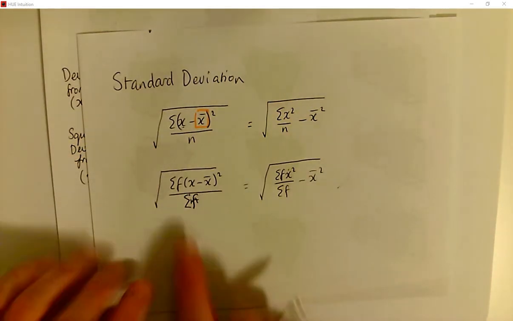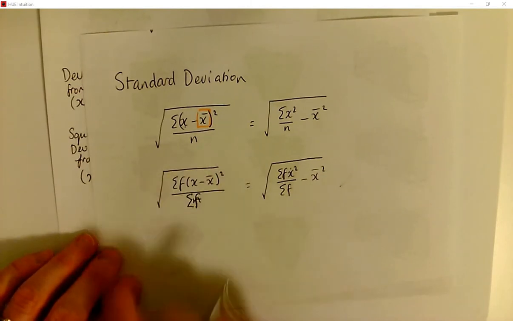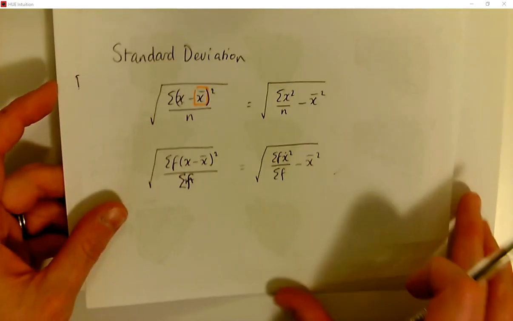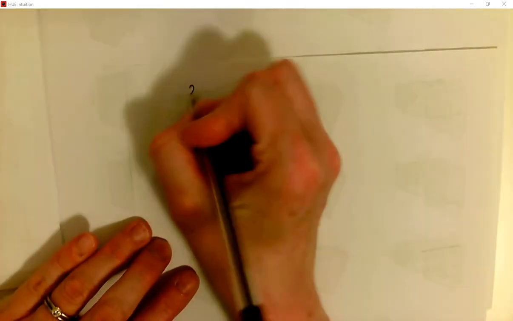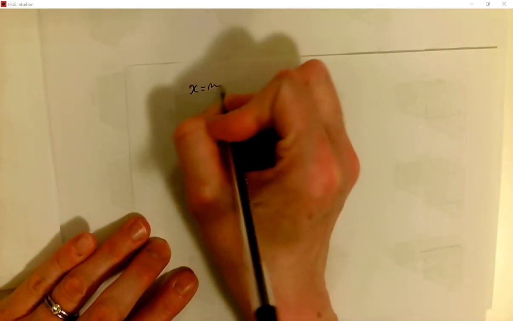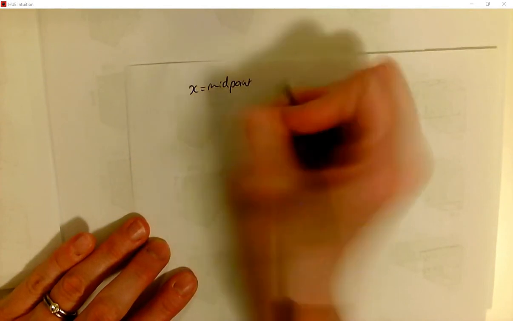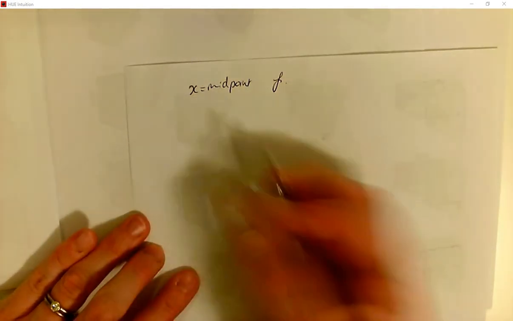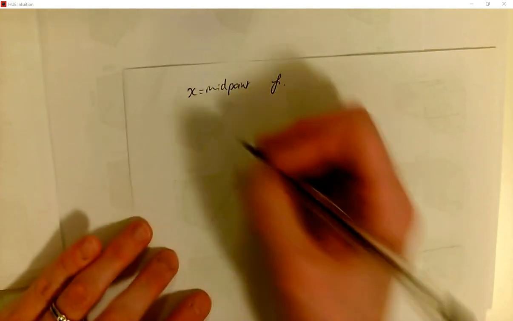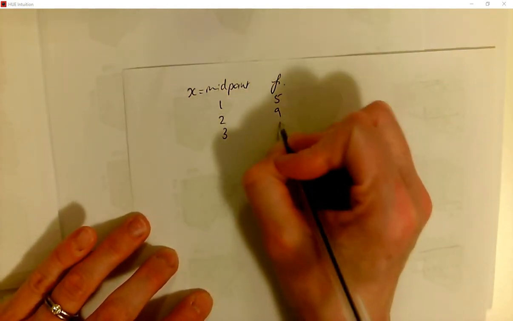Okay, it works exactly the same when you have a frequency table. It's just that we use frequencies and midpoints, just a reminder. So if we've got midpoint and we've got frequency, it could be original values or it could be midpoints from groups. So say we've got 1, 2, 3, and we've got 5, 9, and 4.